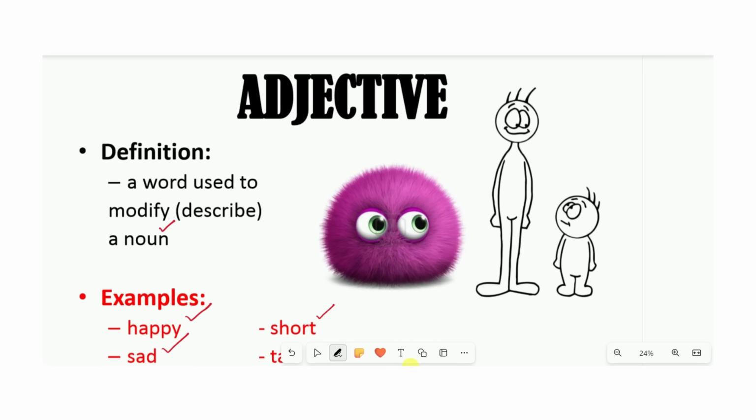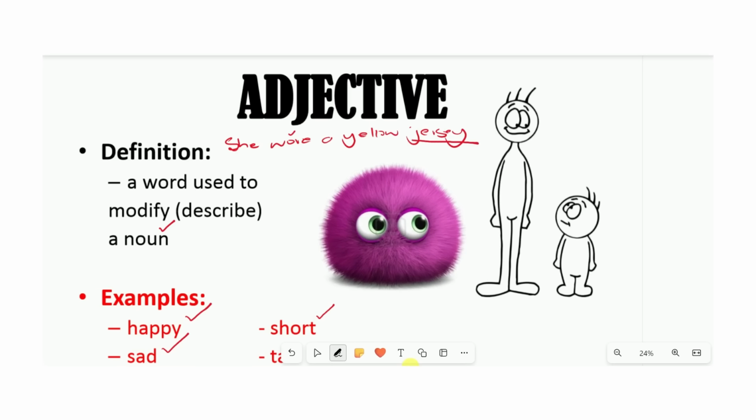So if you see any word in a sentence describing, let us make a practical example. She wore a yellow jersey, right? What did she wear? A jersey.